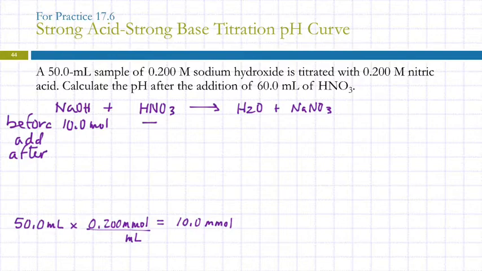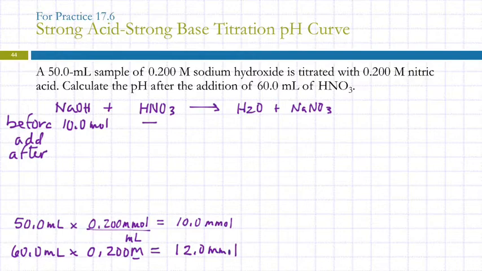And then I'm adding 60 milliliters of 0.2 molar nitric acid. So 60 milliliters times 0.2 molar is going to give me 12 millimoles of the acid.